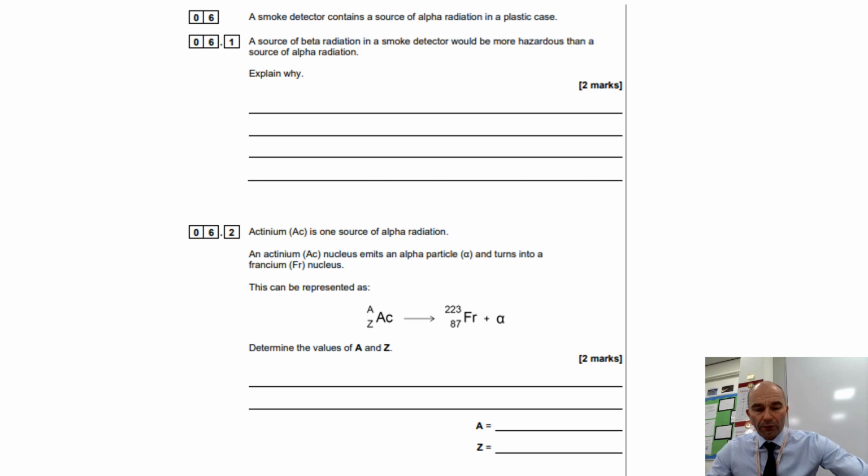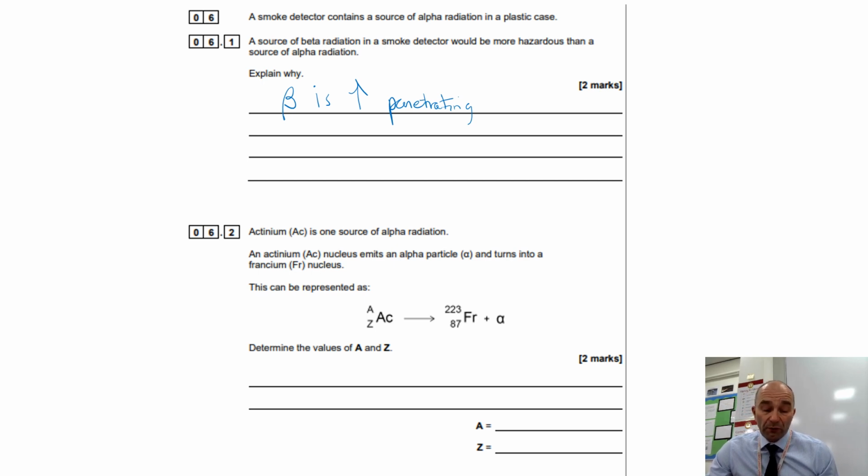Right, question 6, we're on to radioactivity now. So we've got a smoke detector, which contains a source of alpha radiation in a plastic case. The question now is, why a source of beta radiation in a smoke detector would be more hazardous than a source of alpha radiation. I'll explain why. Well, if you remember, beta is more penetrating, and it can travel further in the air. Alpha particles can only travel a few centimeters.